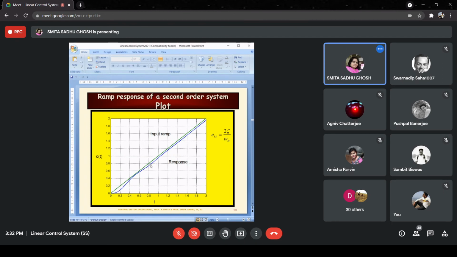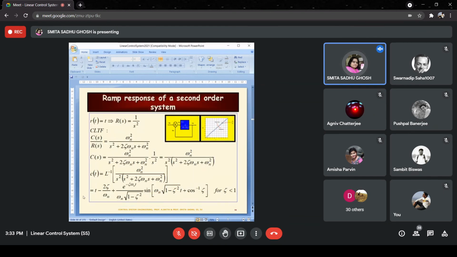And then finally, say after 9 or 10 seconds, you find that the difference with the input, this is the input ramp, the top one, and the response is the bottom one. So you can see that the difference of the response with the input ramp remains constant thereafter, right? So now, you can say that in the steady state, there will be a constant steady state error over here.